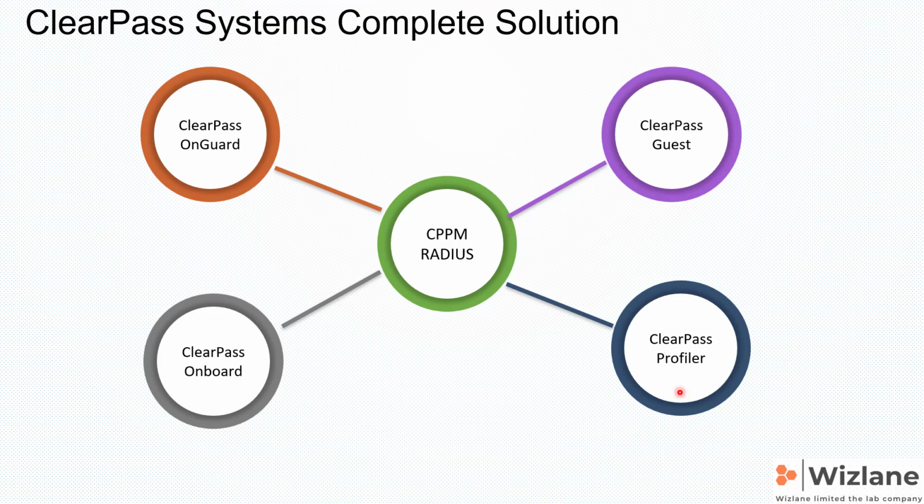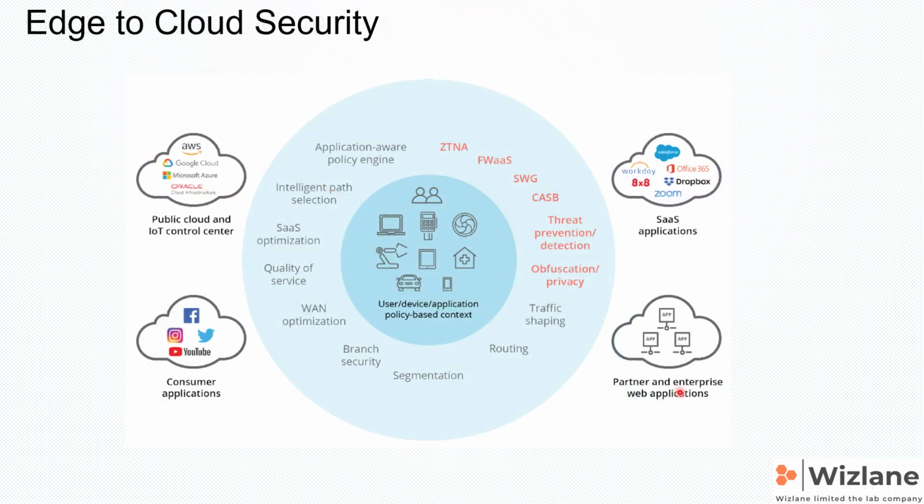There are many more components, and also ClearPass can implement what's so-called edge to cloud security. So we have complete visibility, a complete control. We can integrate with third parties. We can apply certain frameworks like zero trust network architecture, firewall as a service, and so forth.